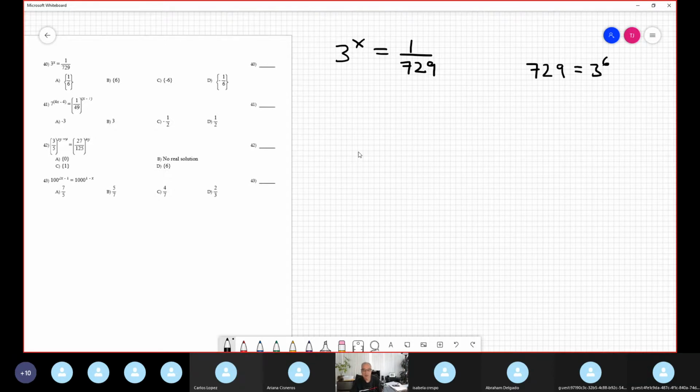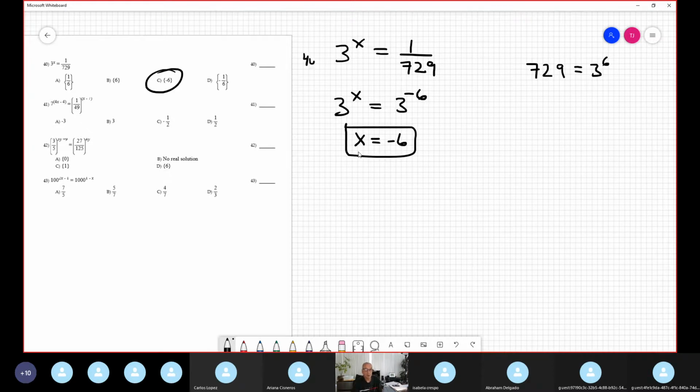But in this case, reciprocal. If it is reciprocal, then it is 3 to the minus 6. Remember, this negative indicates reciprocal. And now x is negative 6. Boom.